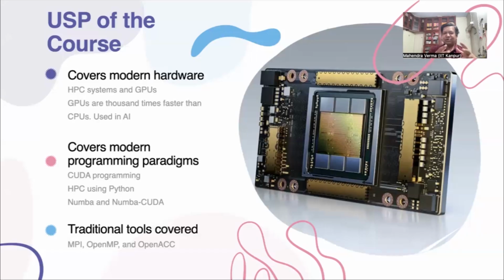With a very small amount of work, you can get your code on GPU. We'll cover CUDA, CuPy, and Numba CUDA in this course. But we'll also cover traditional tools. If you have a CPU based HPC platform, you can use MPI, OpenMP, OpenACC. So we'll cover lots of topics, and I hope you'll enjoy them.